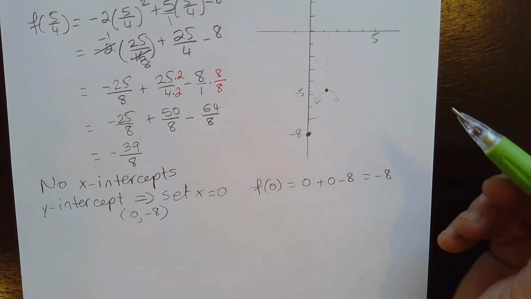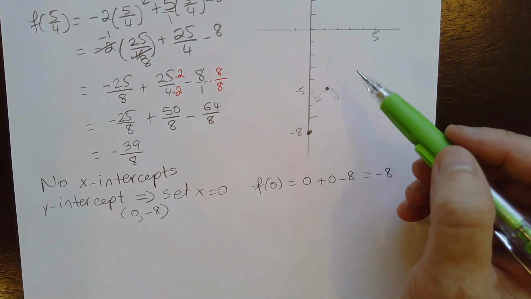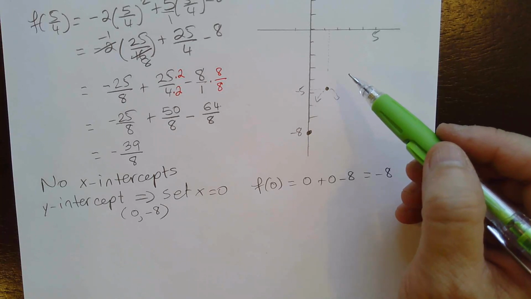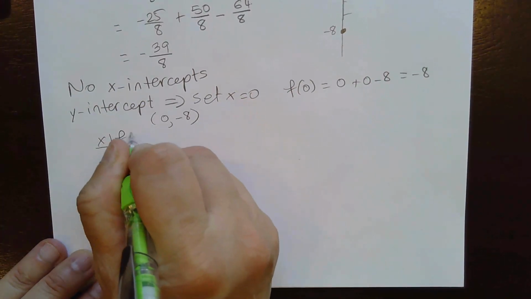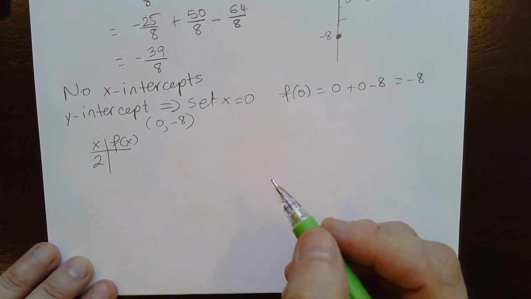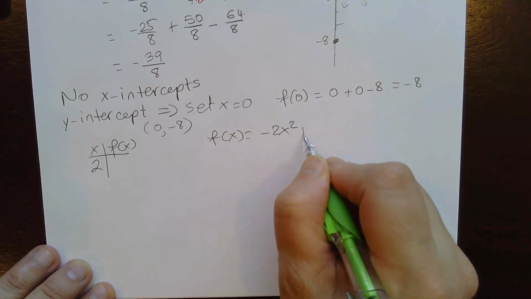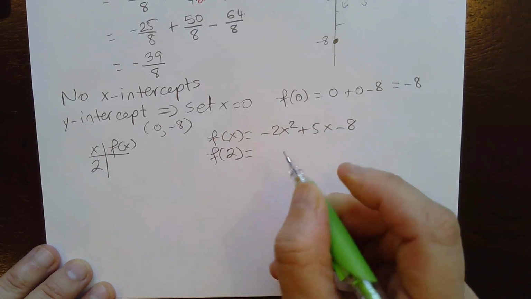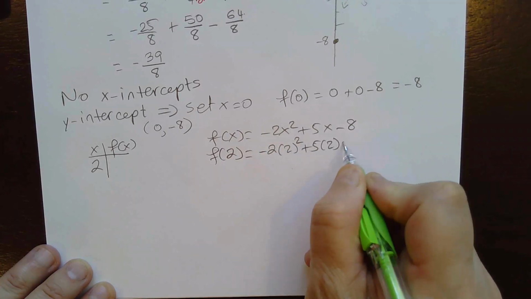Since we have only 2 points, you may also want to plot other points. So let's do that. Let's choose x equal to 2. So we need to find f of 2. Remember our function is f of x equals negative 2x squared plus 5x minus 8. What is f of 2? We have negative 2 times 2 squared plus 5 times 2 minus 8.